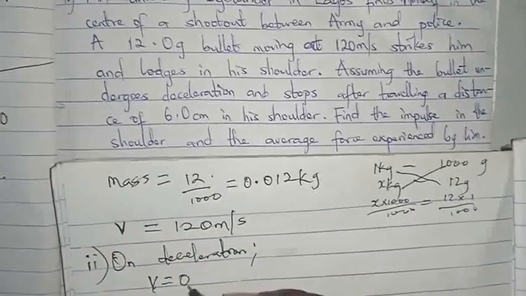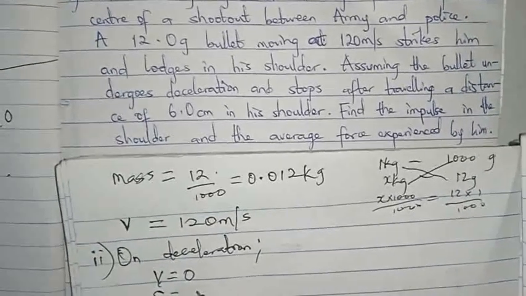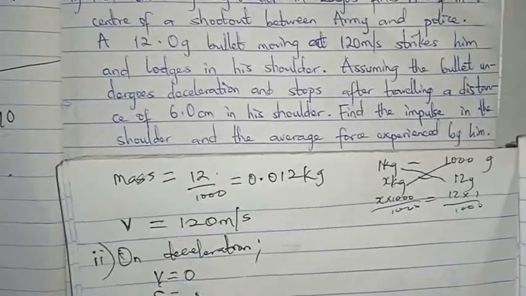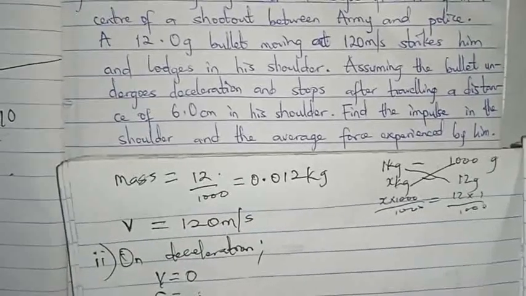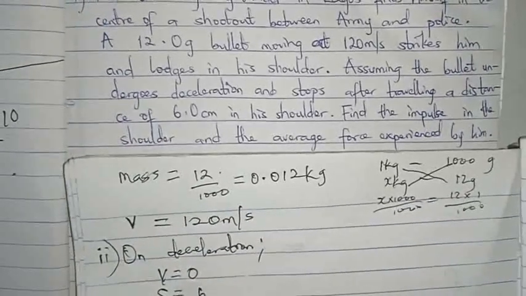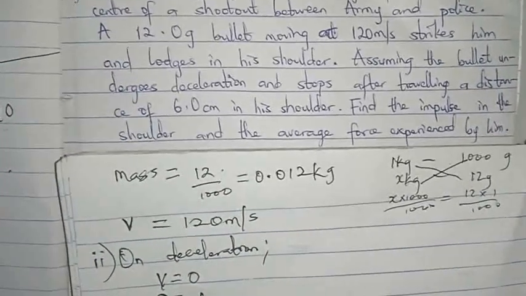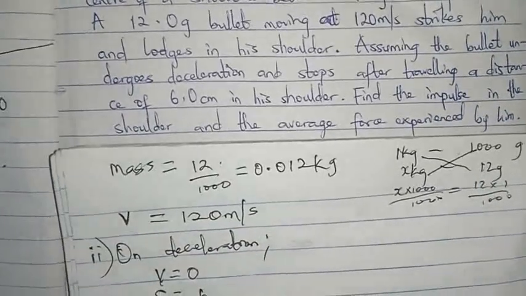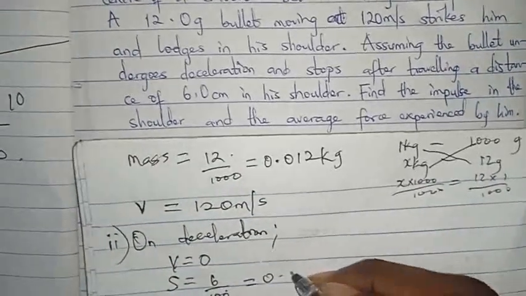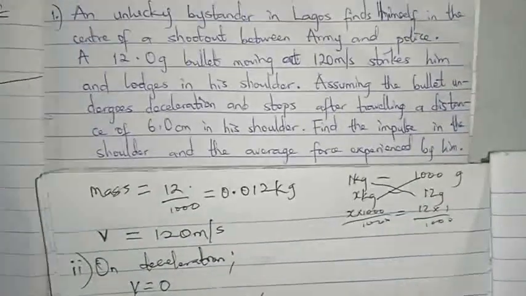After traveling a distance s of 6 centimeters, I know that 1 meter is equal to 100 centimeters, so 6 divided by 100 gives 0.06 meters. Remember to always convert.